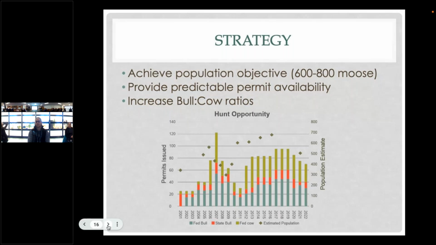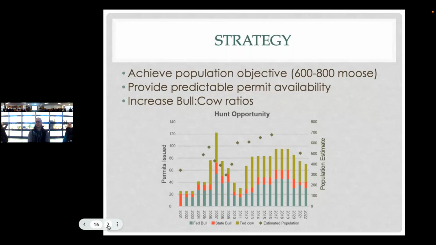So I'll show this graphic again, and what you notice is, since I showed up here, I've tried to make really gradual and measured changes in the number of permits available. And previously, there was a lot of volatility here. We went from 40 permits to almost 80 permits in 1 year, and then all the way up above 120 permits in 1 year, and then whacked it way back.